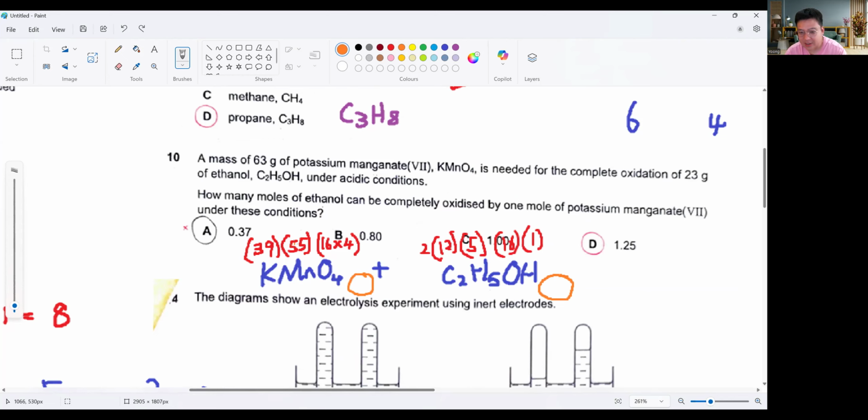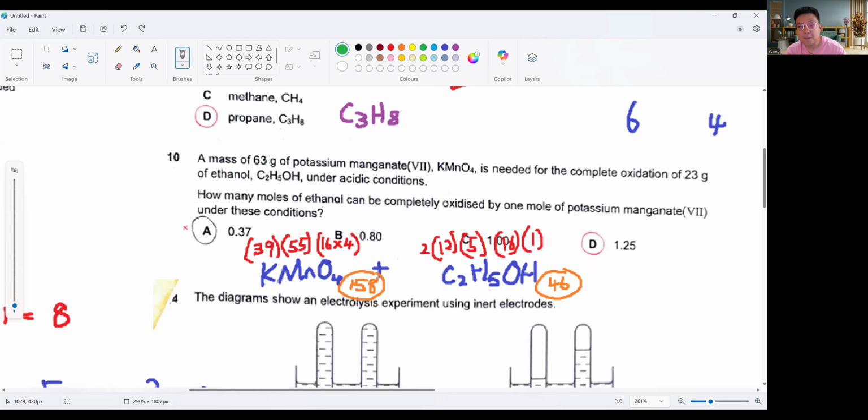So the total here: 39 plus 55 plus 16 times 4 is 158. This one here, 2 times 12 plus 5 plus 16 plus 1 is 46.